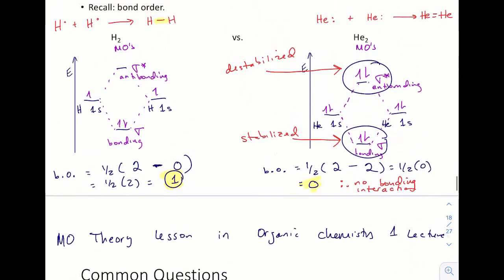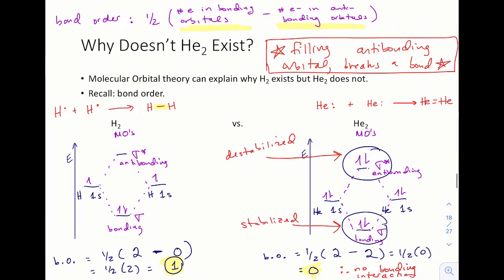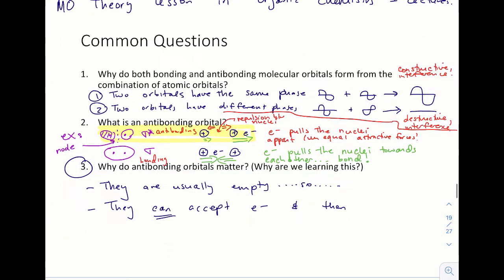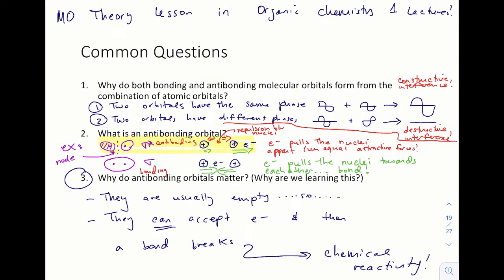What do we see happen for the helium molecule? Yeah, filling the antibonding orbital resulted in no bond. So filling antibonding orbitals breaks bonds. Bond breaking and bond making, well, that sounds like chemical reactivity, and that is what we are studying as chemists, and particularly as organic chemists.